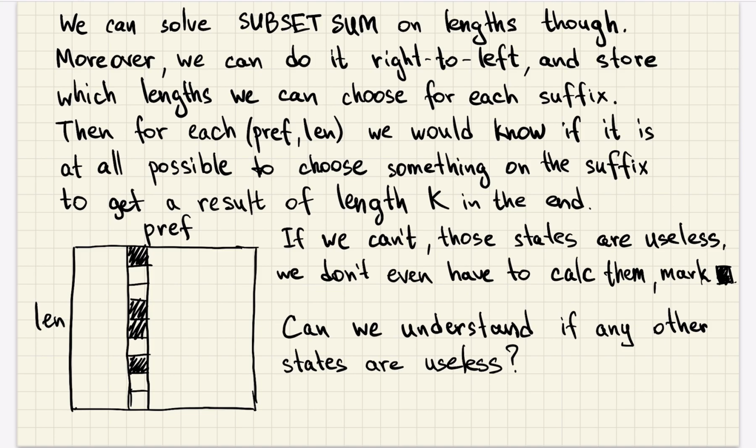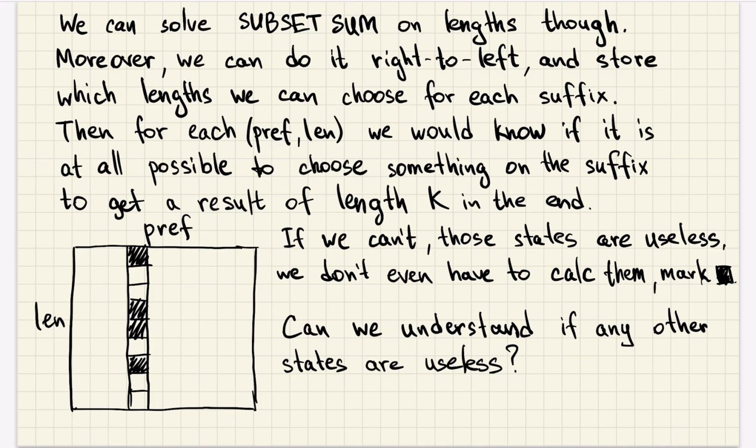So suppose we have processed some prefix of the strings, then on the corresponding suffix we know what length we can get. So if we are looking at some DP state, which is a prefix and a length, we know if it is at all possible to choose the remaining length on the suffix.